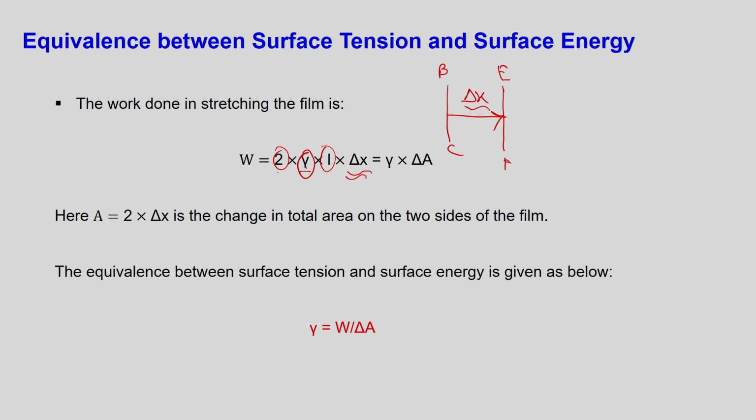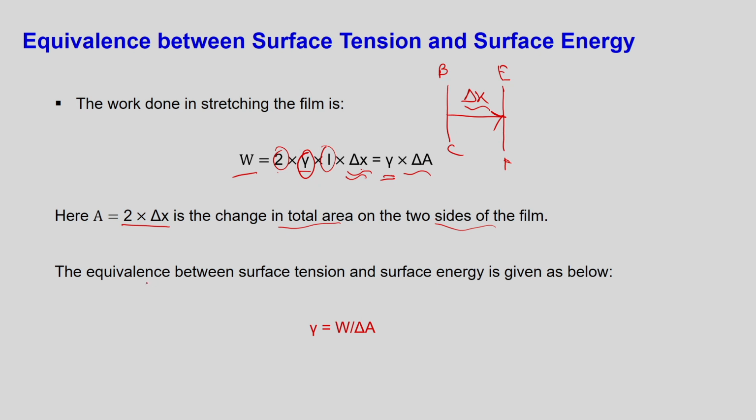So, 2 times delta x into L is nothing but the change in area, delta A. Change in area means inside and outside taken together, multiplied by the surface tension, you will get the total work done. So, here 2 into delta x into L is the change in the total area of the two sides of the film.